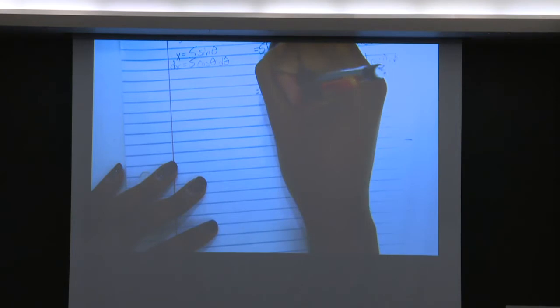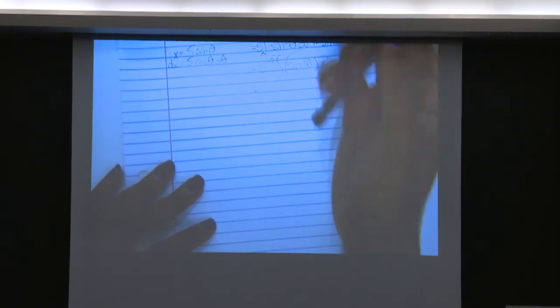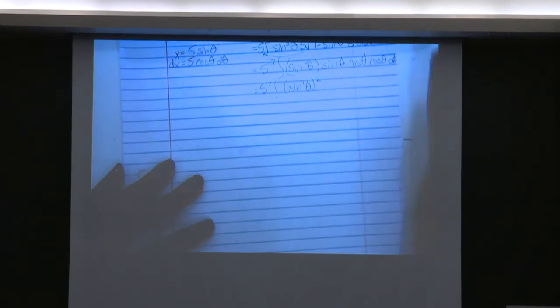So now I got this one equals cosine, and then I also have another cosine theta d theta. Now I can simplify this to this, clear? And make this sine theta cosine squared theta d theta.